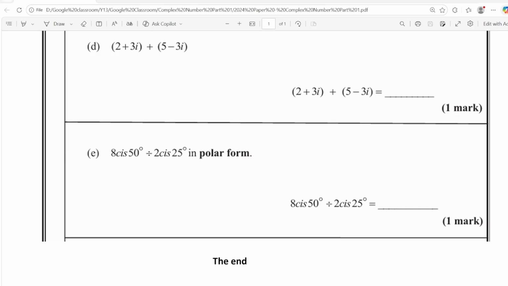That means we need to leave our answer in polar form. Okay, let's solve them.